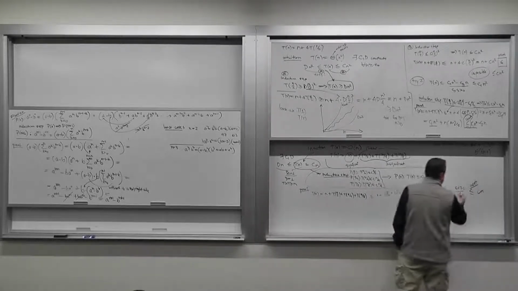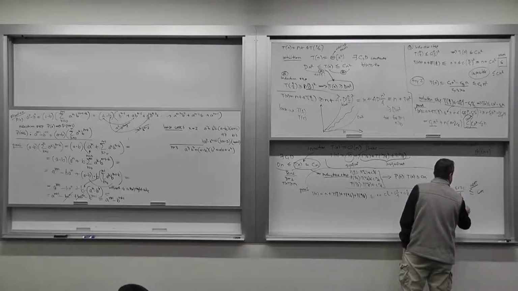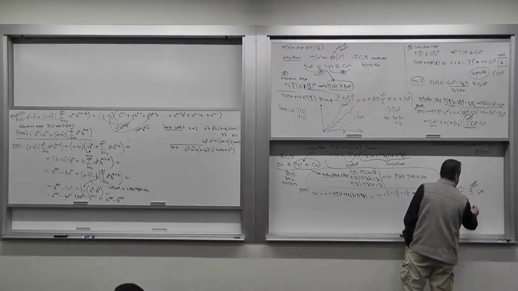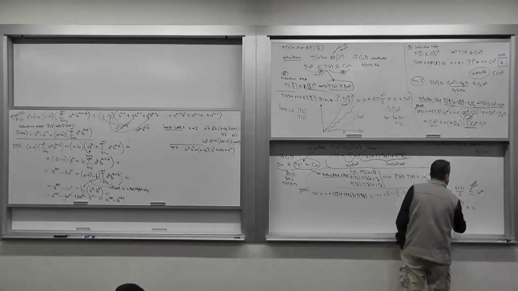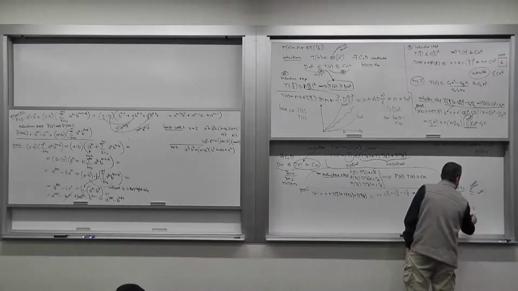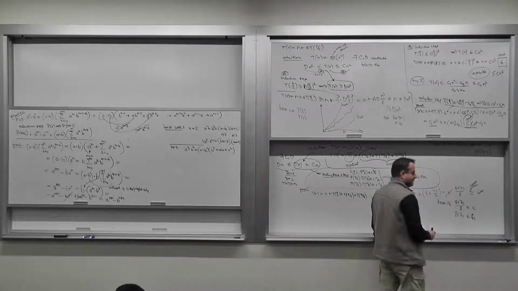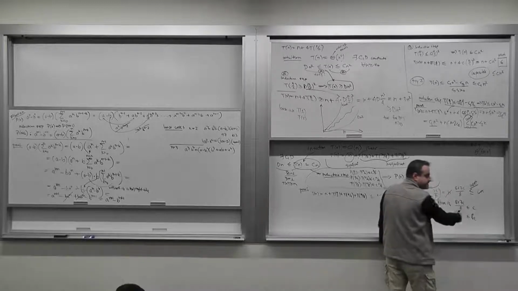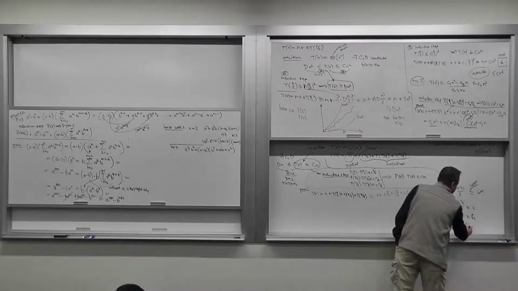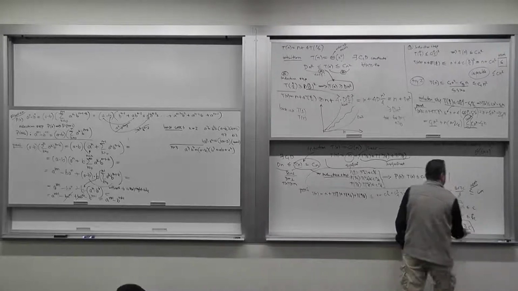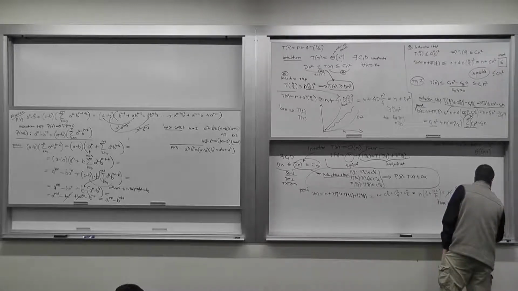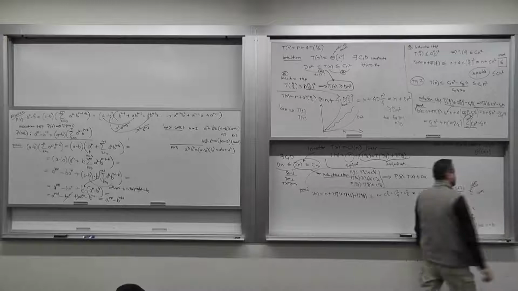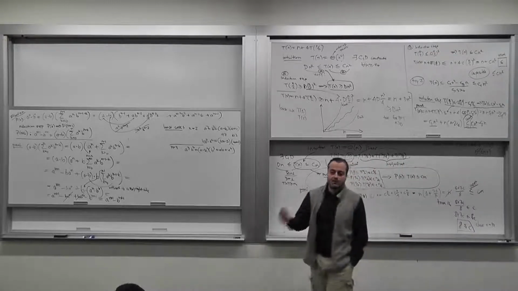I need 8 plus 7C by 8 to be smaller than C, which is the same as 8 plus 7C smaller than 8C, which is the same as, if I move the 7C over and make the subtraction, C bigger than 8. So I can choose C equal 10, bigger than 8, and that's going to work out.